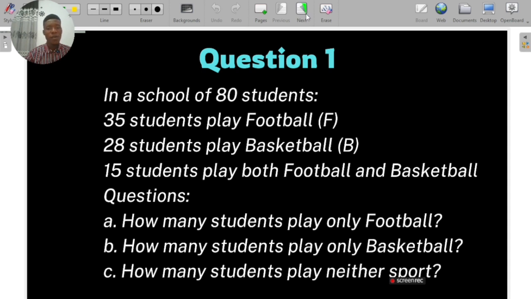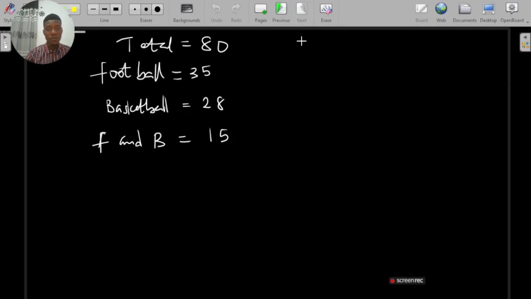So I am asked to find how many students play only football. This should be very simple now. All we need to know is that these 15 students, when they counted football students, were present. So we need to take them out of this set in order to have the total number of those that play football only.